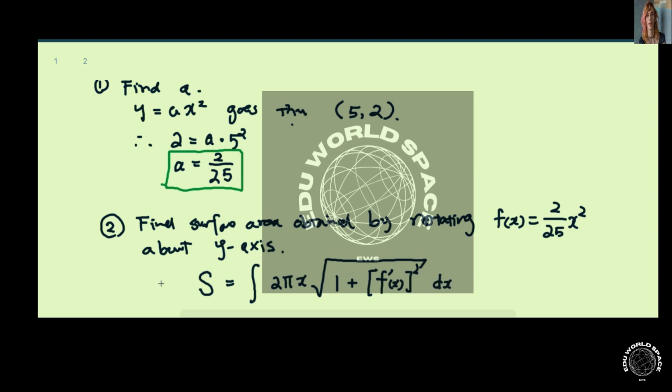Okay, this is the formula we learned in this section, right? Now we found out what f of x is, so we can compute this integral, and we'll find out what S is.